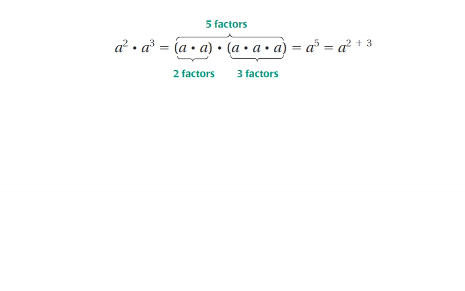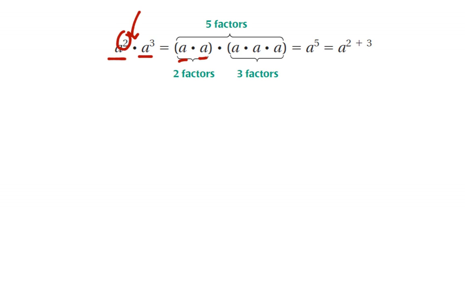First of all, when we're multiplying two powers, like a squared and a cubed being multiplied together, see the little multiplication dot right there, there are certain rules that we have to follow. Let's use what's called expansion to see the first of those rules. So a squared means that a is being multiplied by itself as a factor 2 different times, and that's told to us by the exponent of 2.